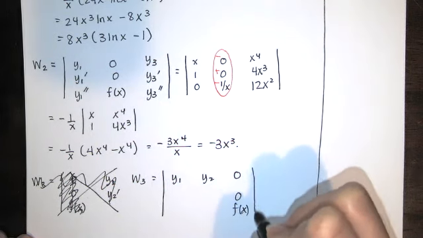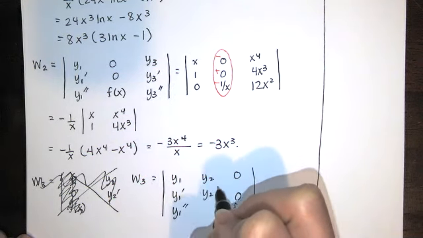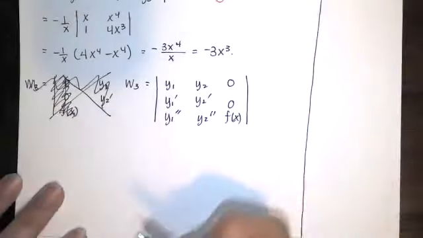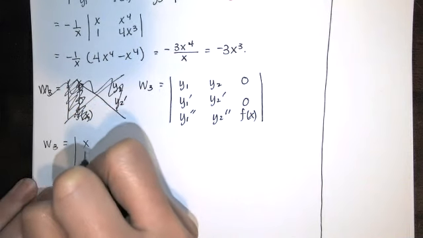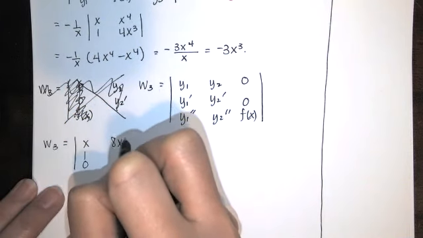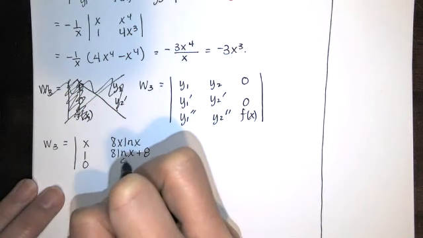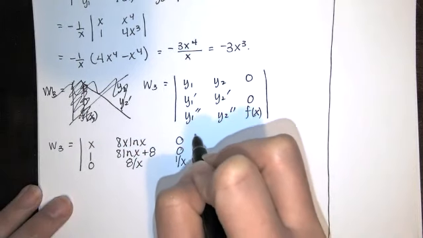I don't know why I started replacing the first column with that. Okay. So we have the x, the 1, and the 0. We have the 8x natural log of x, the 8 natural log of x plus 8, and the 8 over x, and the 0, 0, and 1 over x.